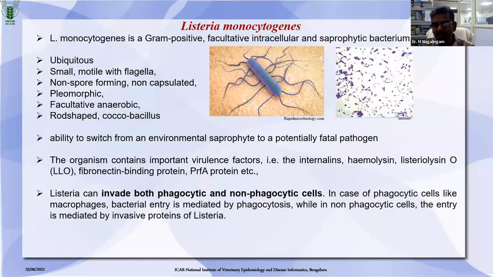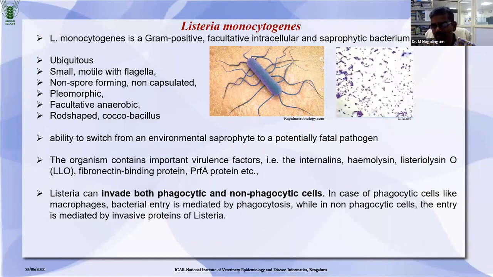Because of its facultative intracellular nature, it can be grown outside in vitro on culture plates also. When it goes inside the animal, it goes inside the cell and proliferates. It contains many virulence factors for attaching to and binding the cells it targets and getting inside them.